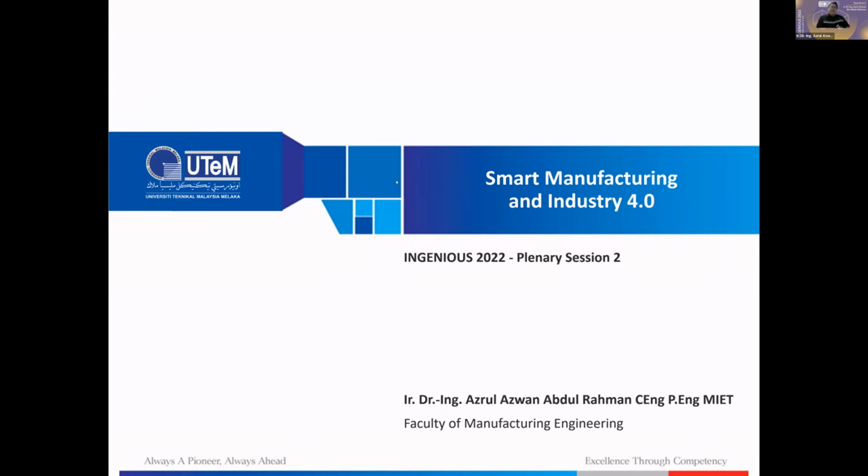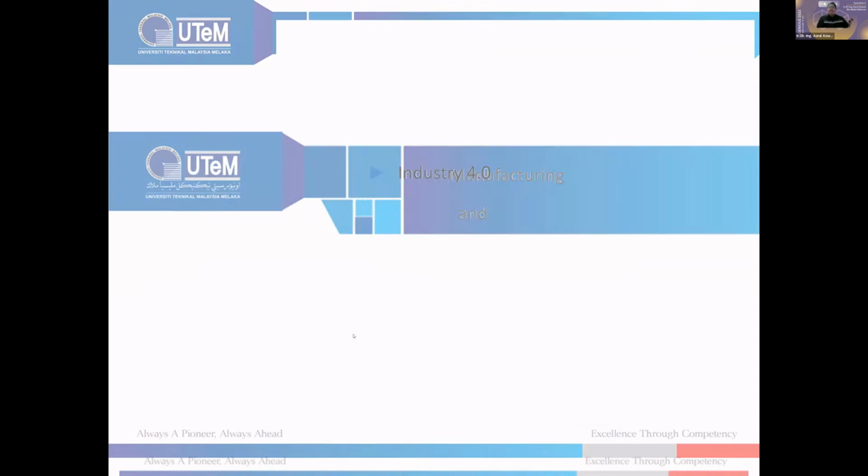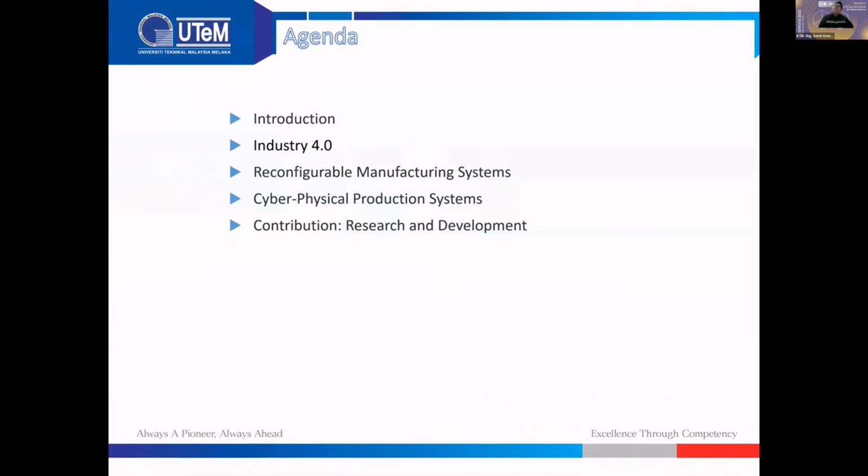For today, I'm going to start my presentation with the introduction, giving some idea why all this happened. After that, I'm going to look deeper into Industry 4.0 itself, and touch a little on two main characteristics of smart manufacturing: the reconfigurable manufacturing system and the cyber physical production system.